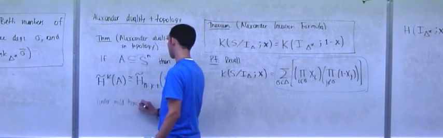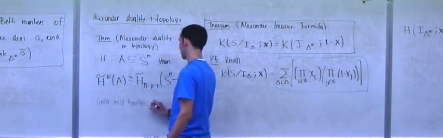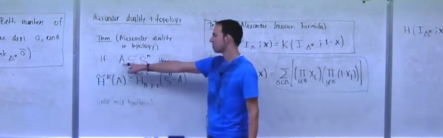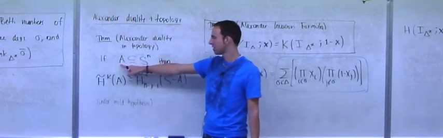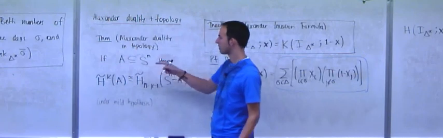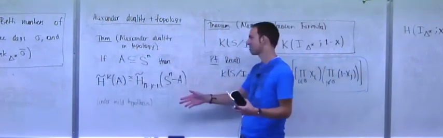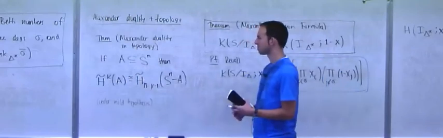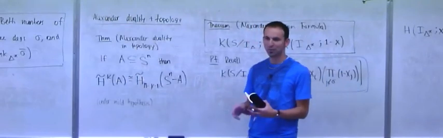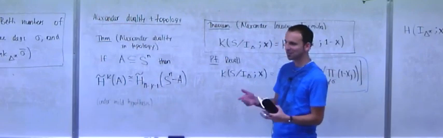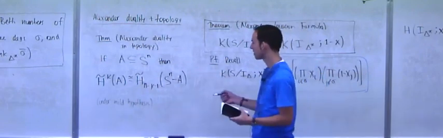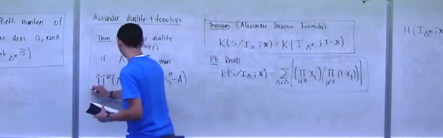So this is true for any kind of reasonable space that lives in S^n. By reasonable, I mean that anything you'll encounter will have this property. But if you go really hard looking for a counterexample, then one exists. But in nature, this is true. Let's say it that way. Okay.